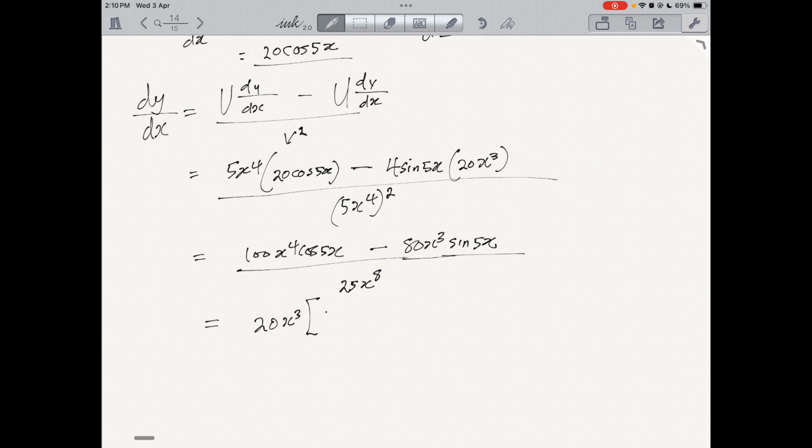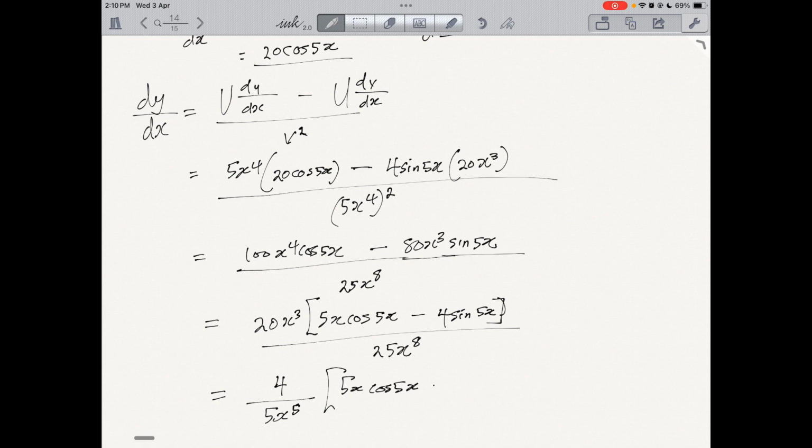And that will give us 5x cos 5x minus 4 sine 5x, divided by 25x raised to power 8. Now this will give us 4 divided by 5x raised to power 5, because we are dividing 20x raised to power 3 by 25x raised to power 8, and we have in the bracket remaining 5x cos 5x minus 4 sine 5x.